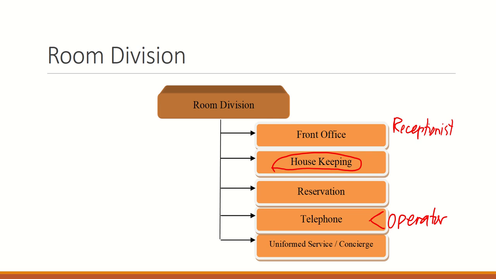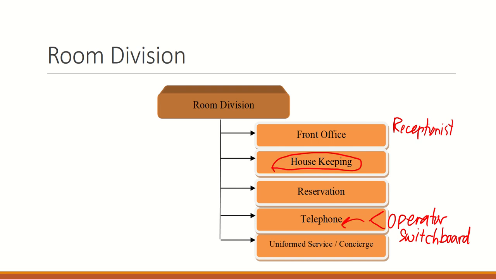There is another word, which is switchboard. You can imagine when you stay in the hotel and you need help, you call the operator, right? So the operator is in the telephone department here.